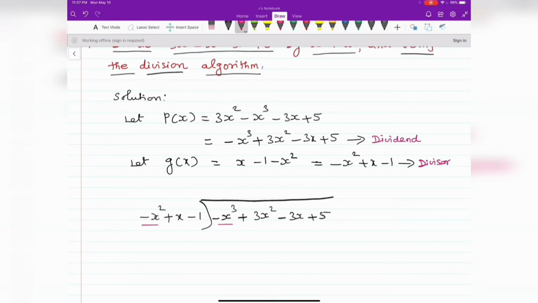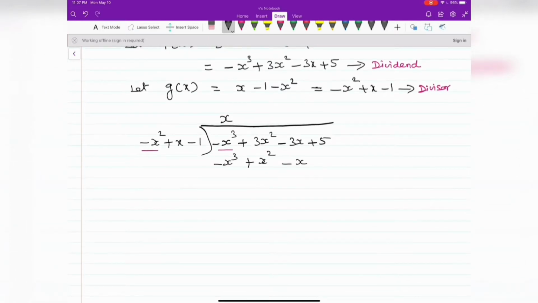So I need minus x cube. So what should I do to get that? Let me multiply it by x. Then what will happen? Minus x square into x will give me minus x cube. Then plus x into x will give plus x square. Minus 1 into x will give minus x.